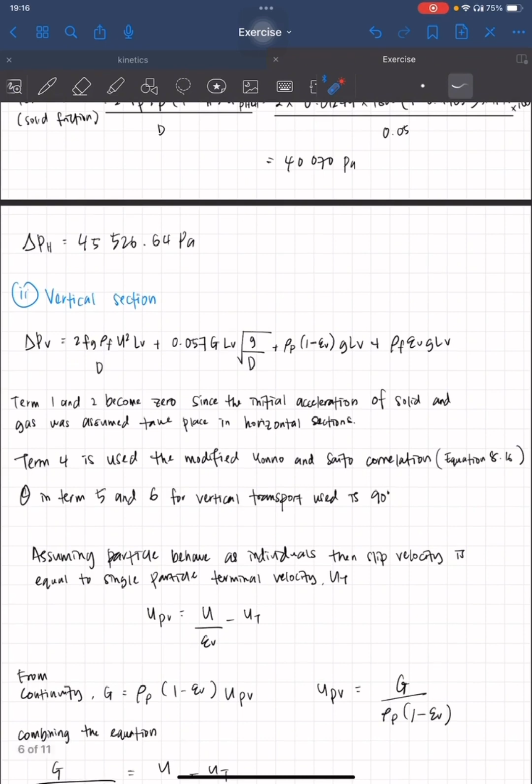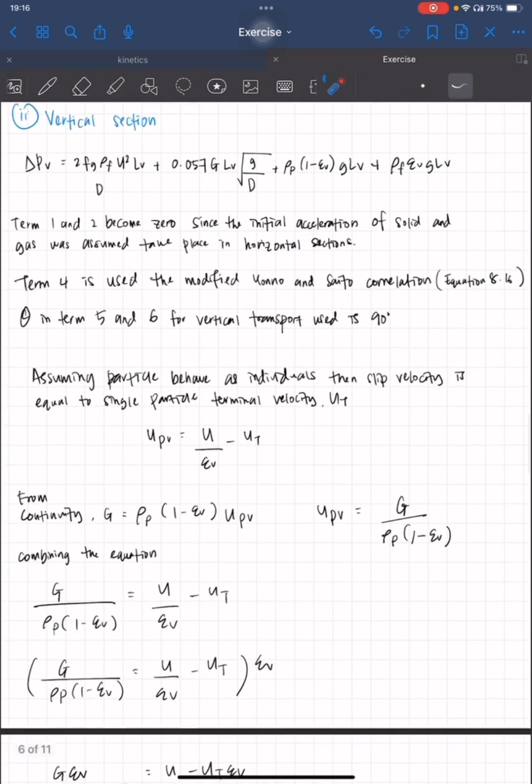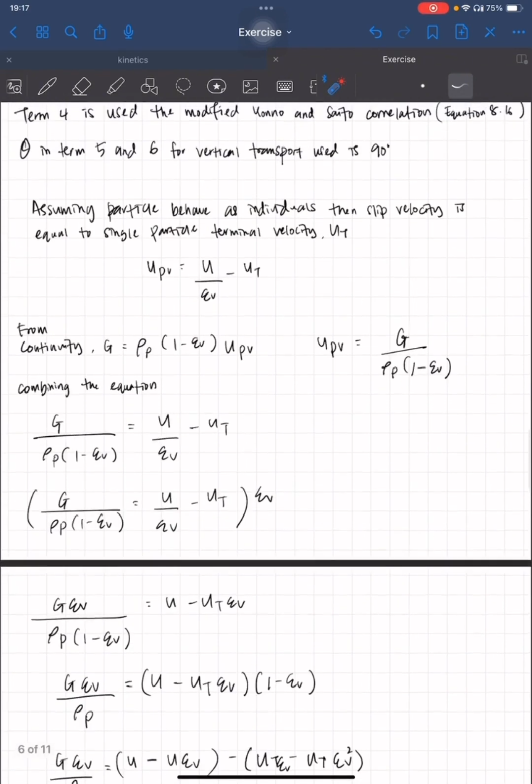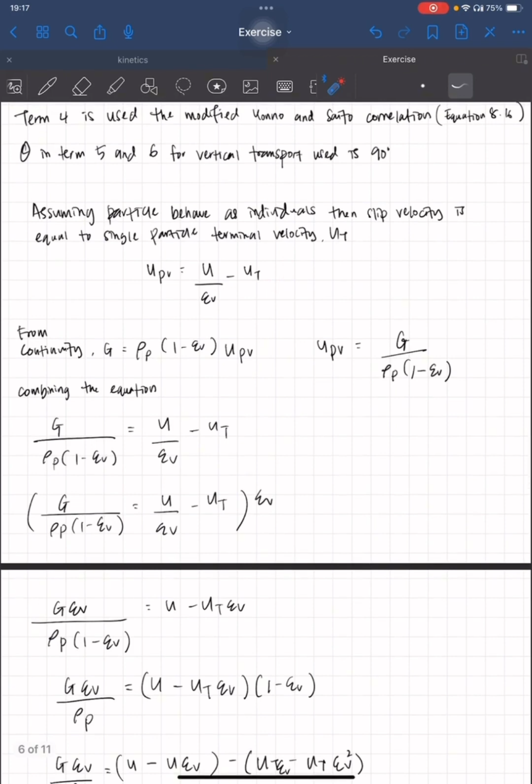Then, by assuming the particles behave as individuals, the particle velocity for the vertical section can be correlated using these equations. And for the continuity equation, we can find the value of voidage for the vertical section by combining this equation and these equations.